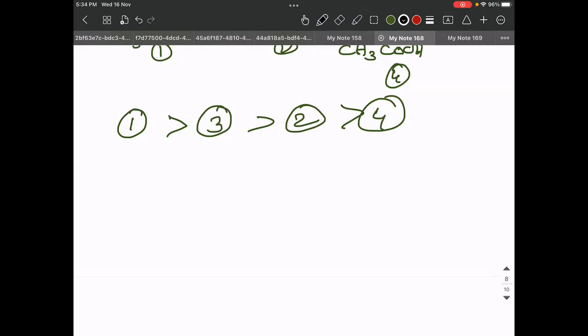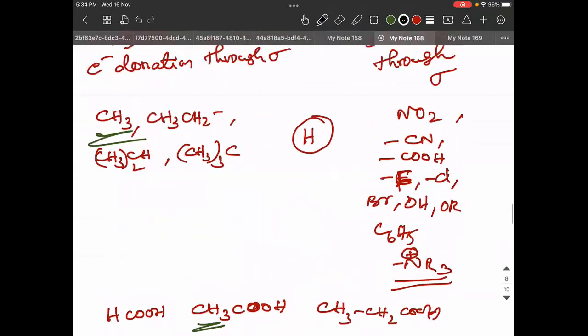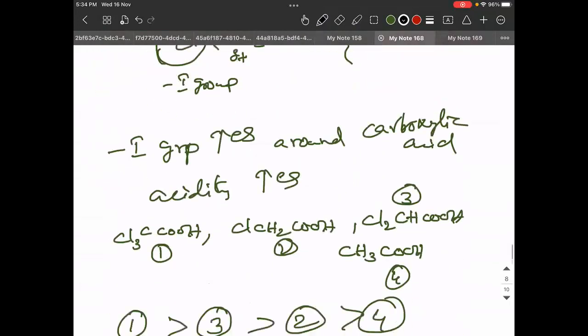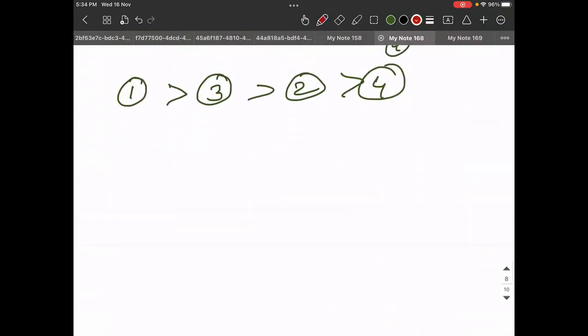So yesterday we discussed the inductive effect, right? Today we will discuss the electromeric effect. So what is the electromeric effect?